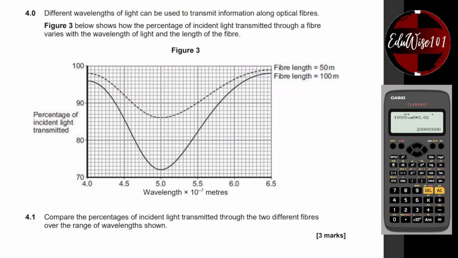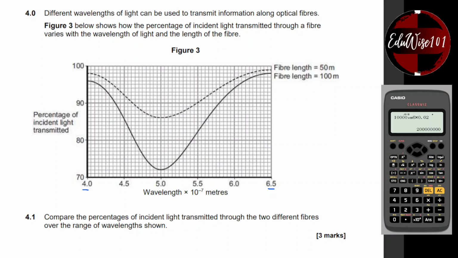The dotted line is the 50-meter cable and the solid line is the 100-meter cable. Question 4.1. Compare the percentages of incident light transmitted through the two different fibers over the range of wavelength shown. So the range of wavelength shown is from 4 to 6.5 times 10 to the power minus 7 meters.